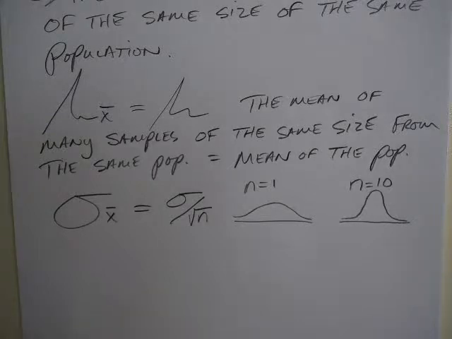So what dividing by the square root of n does is it adjusts the width of the standard deviation for the number in the sample.